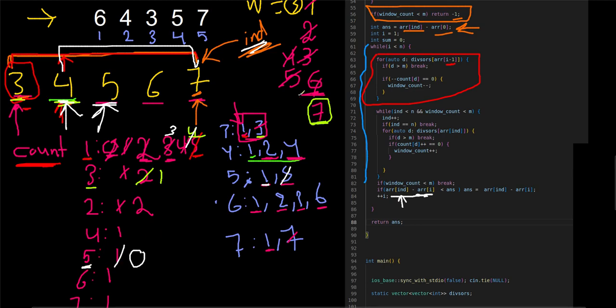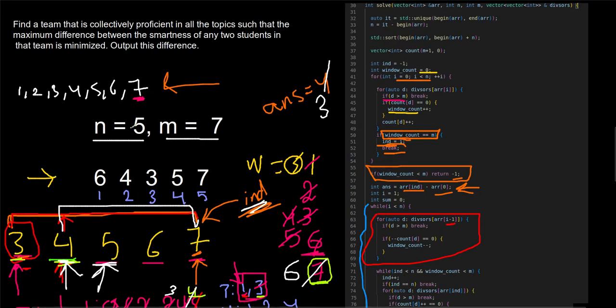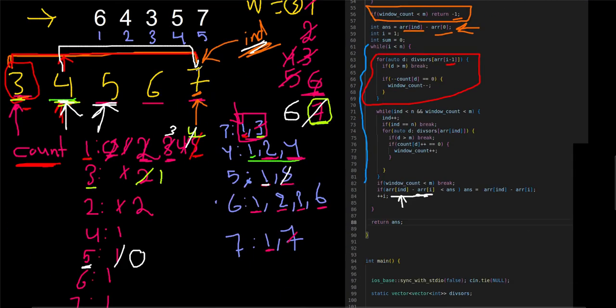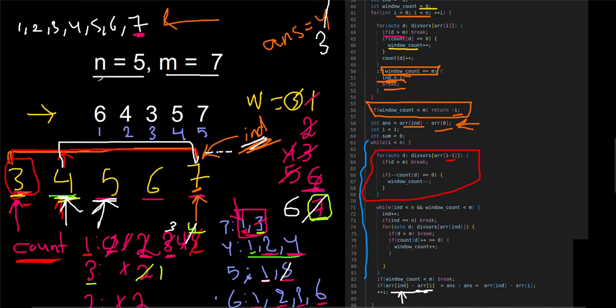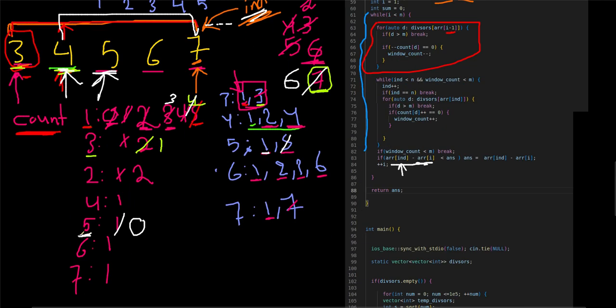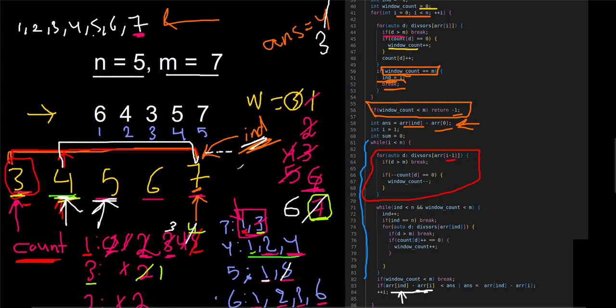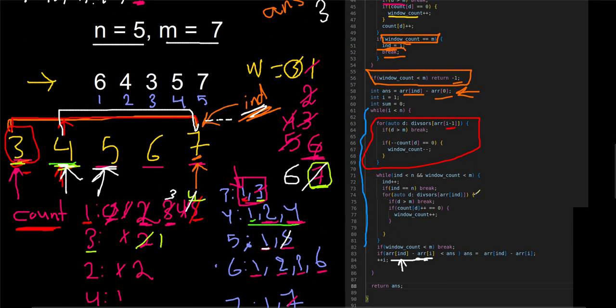So we have 6, the window count is 6, so we need to look at the end of the window to see if we can find more students that can cover this topic 5, because the count of 5 is 0. So let's say here we have 15, so after we move here 15 can cover 5, and so we increase our window. And this is what we do in this loop.